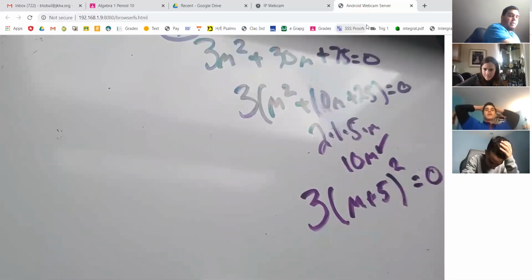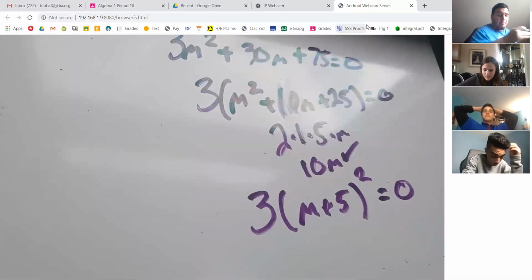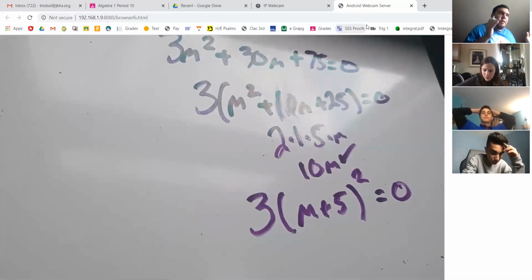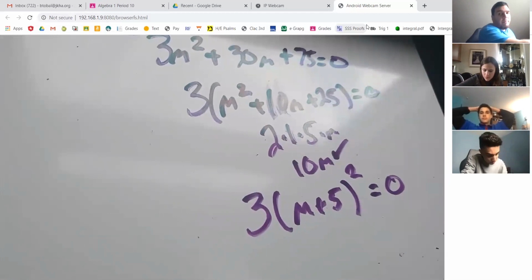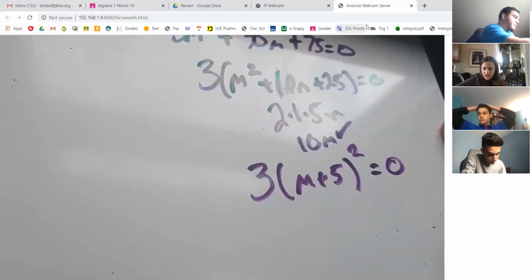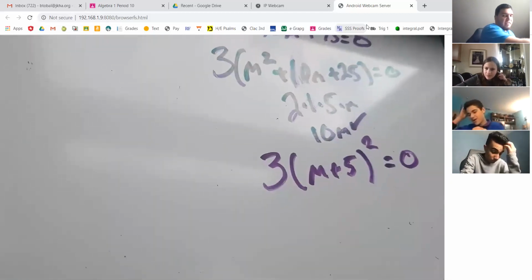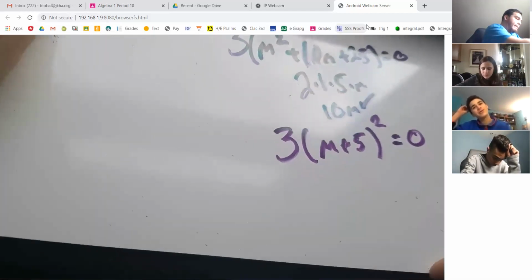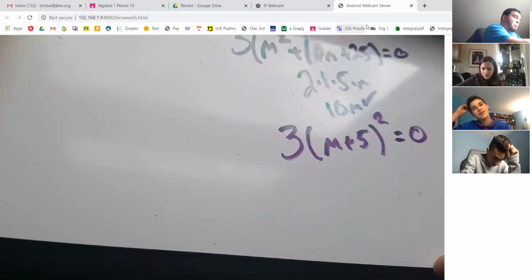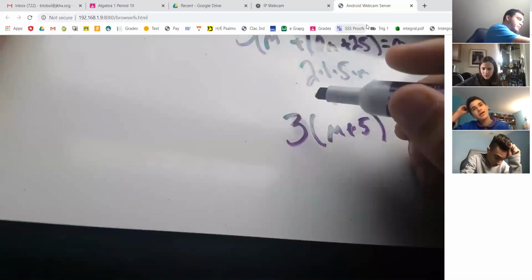So 3 times (m plus 5) squared equals 0. You didn't finish, because it equals 0. What happened to the 10? It just got eaten up, basically. You separate this like this.